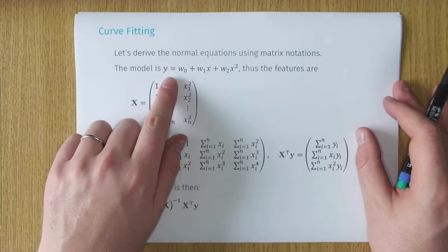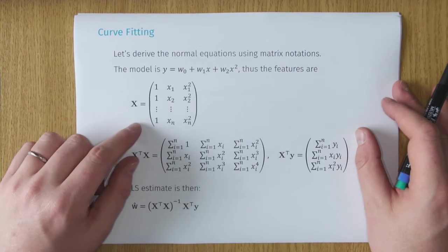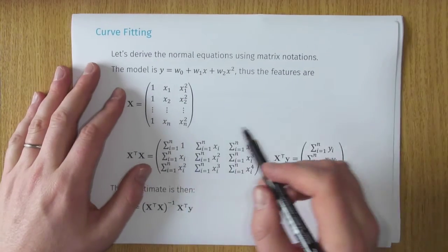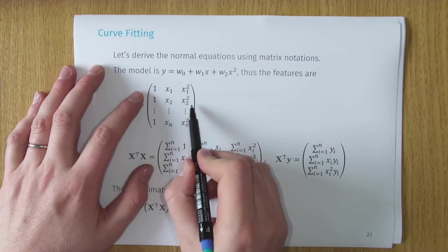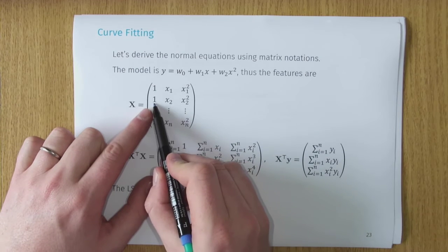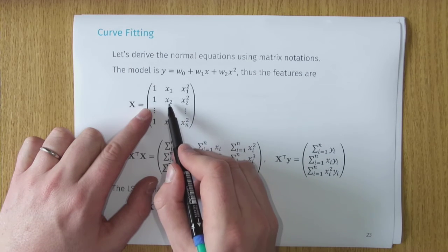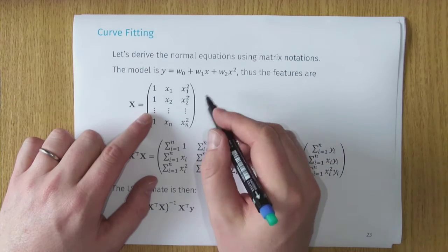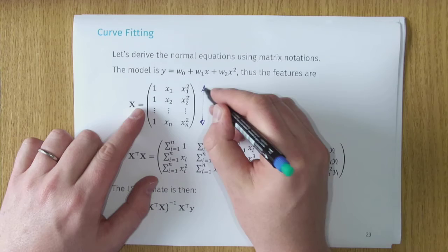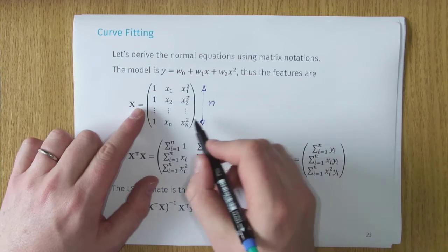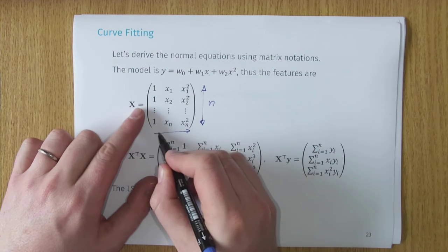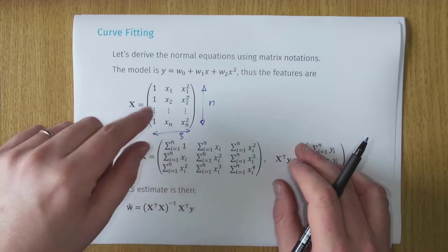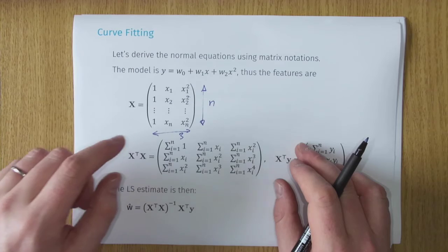We know the model, it's this one. We then need to populate the design matrix. For each observation we have 3 features: 1, x, and x squared. So you have n observations, n rows, and 3 features, so that's a matrix of n by 3.